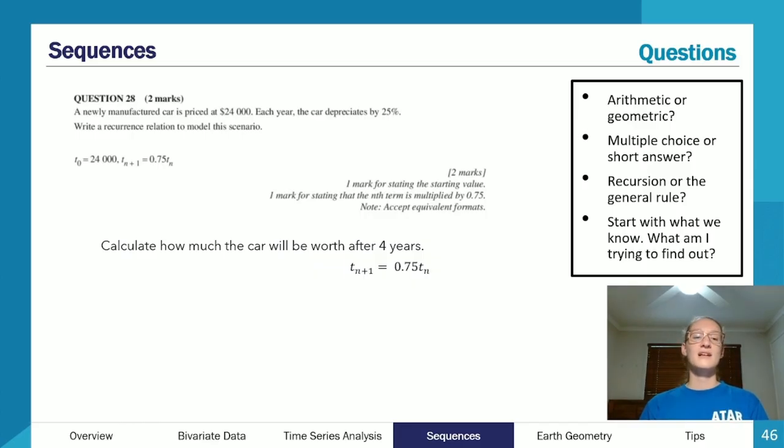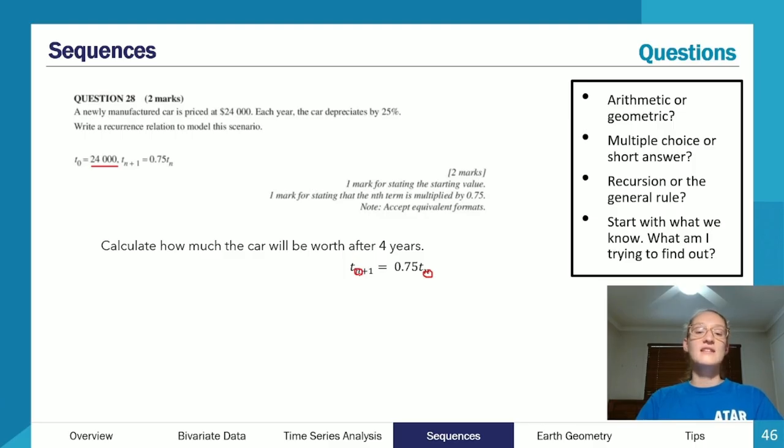So we've got our formula, Tn+1 equals 0.75 times Tn. What we're going to do first is say let n equal 0. So now we're going to have T0+1 equals 0.75 times T0, and I know from up here that T0 is $24,000.